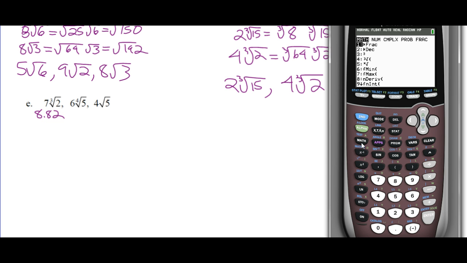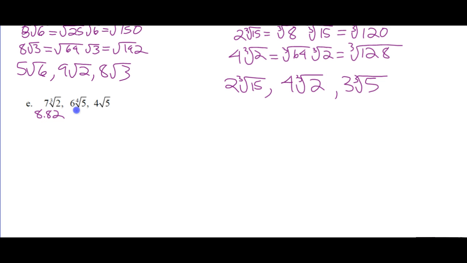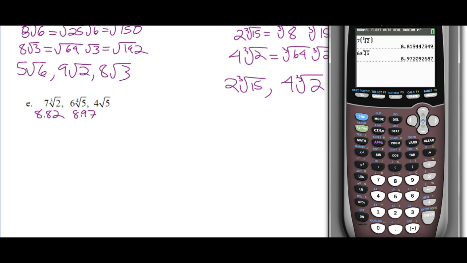And then fourth root. So I got to put in the root, then number 5, so 6. And notice how it sticks the 4 in the index, right? I've got times the fourth root of 5, which is 8.97. And 4 root 5, which we could just do 4 second root 5, and get 8.94.